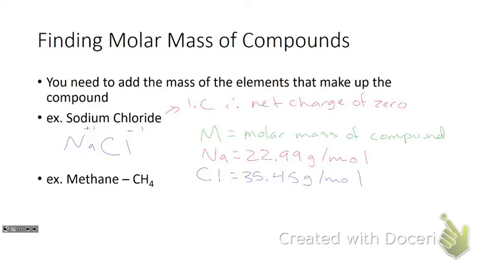Okay, so now that we've found the mass of the sodium and the mass of the chlorine, now we need to find the molar mass of the compound. So we can just add these together.